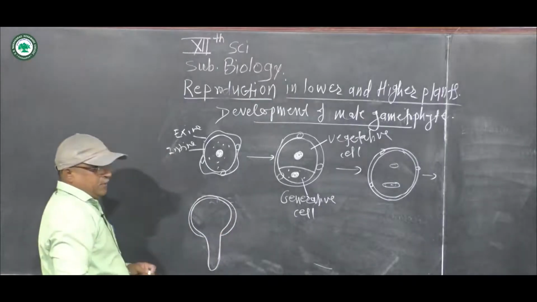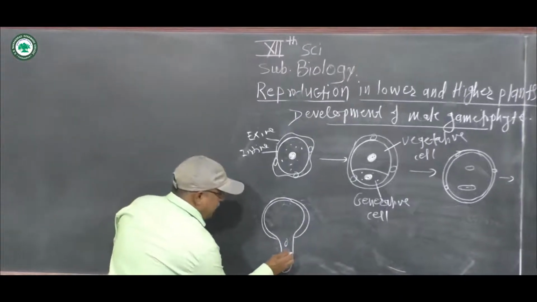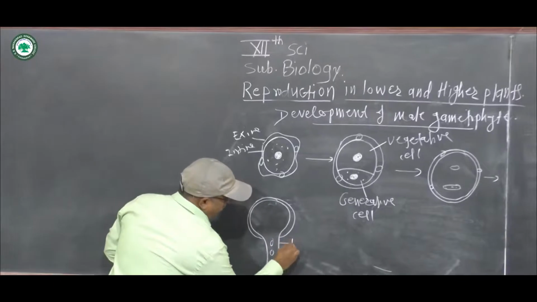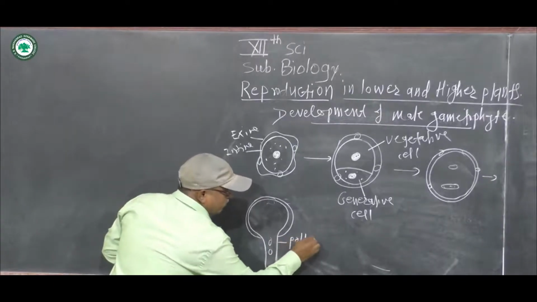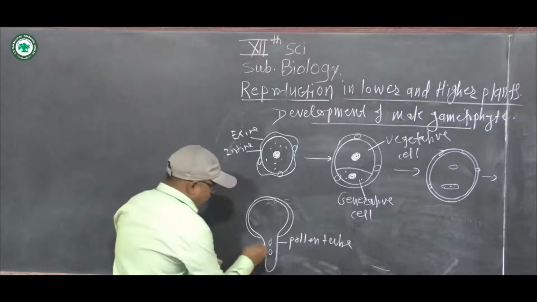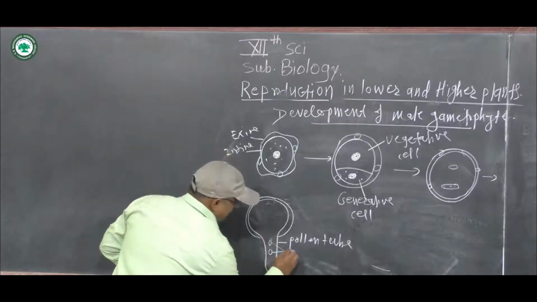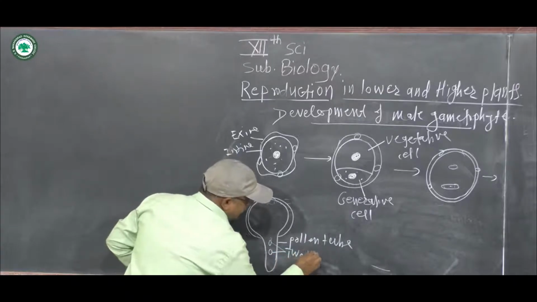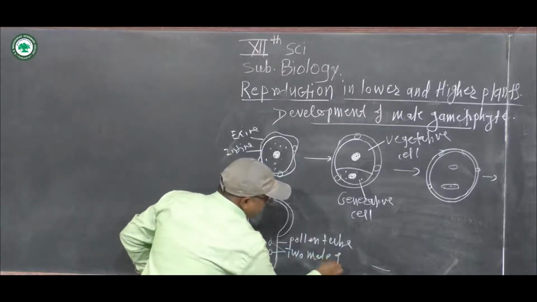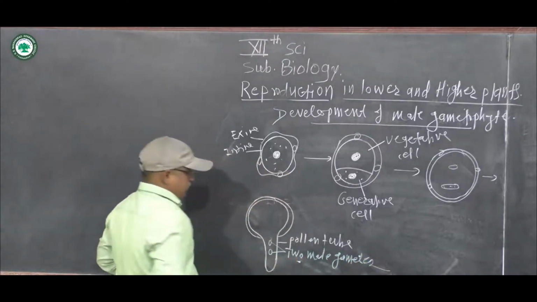From exine, the pollen tube is formed, and from the generative cell, two male gametes are developed.